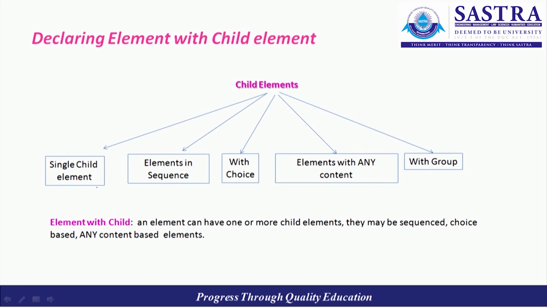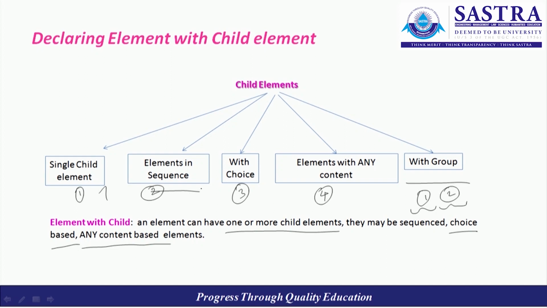So I can say a single child element, and the child elements can be represented in sequence order or with choice. Sometimes it carries a child as well as text, and sometimes it is grouped.